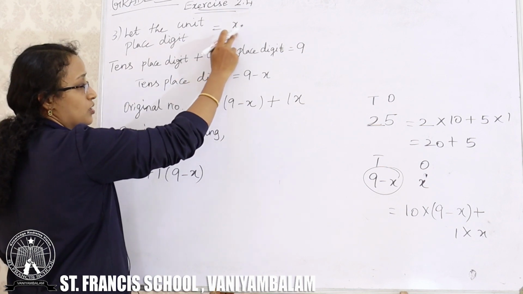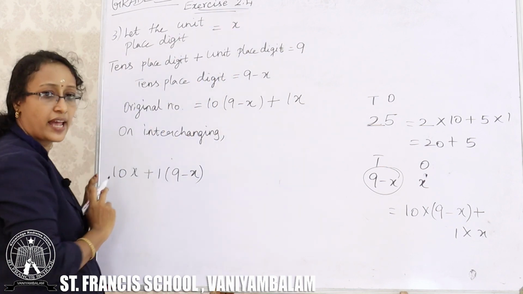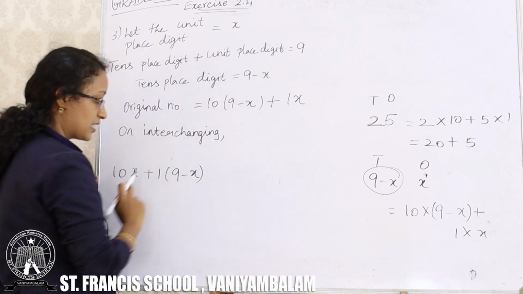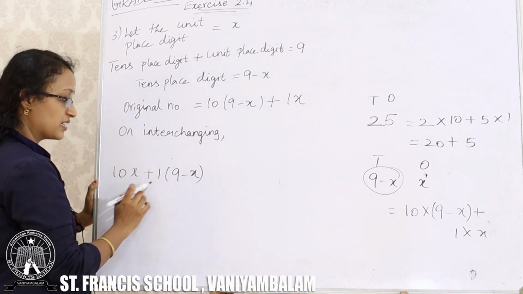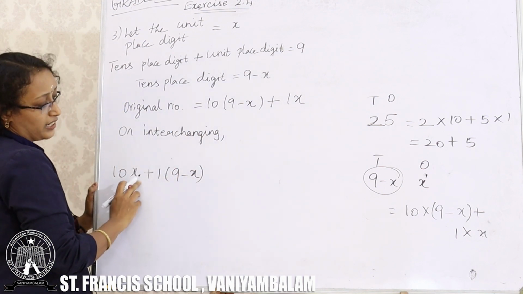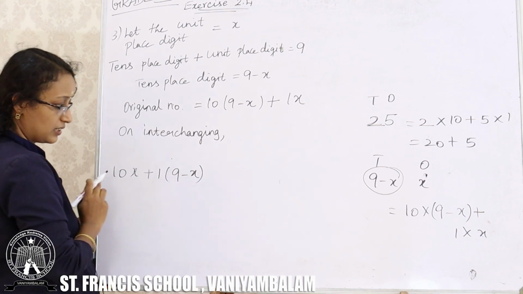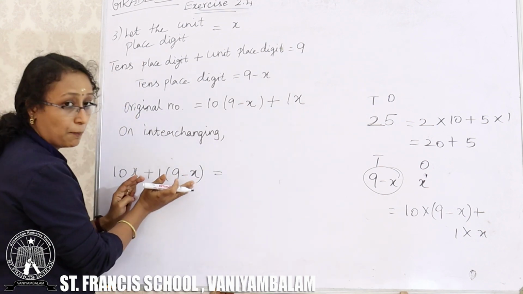Unit place digit is x and tens place digit is 9 minus x. On interchanging, we get x in the tens place and 9 minus x in the ones place. This is your new number.